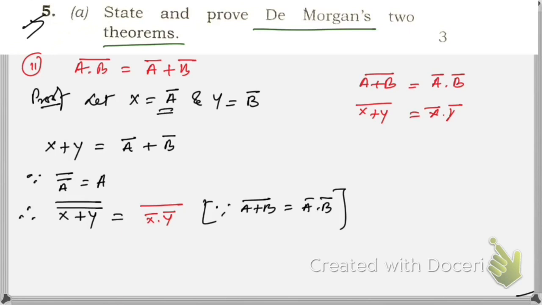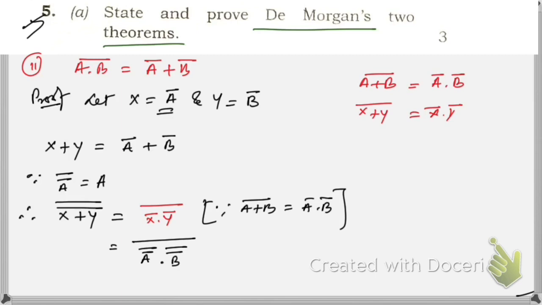Now, x is a complement, so replace this x by a complement, then what you will get? Complement of (a complement dot complement of b complement).